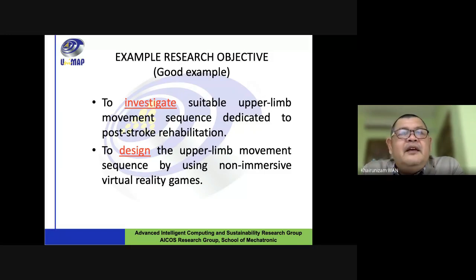Again, why design? Because design is measurable. You can measure the design process, and then you can draw the conclusion. So choosing the appropriate terms in the research objective is very important so that your research objective can be measured. One of the criteria of SMART is measurable.